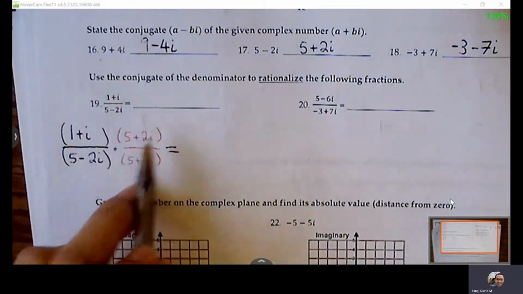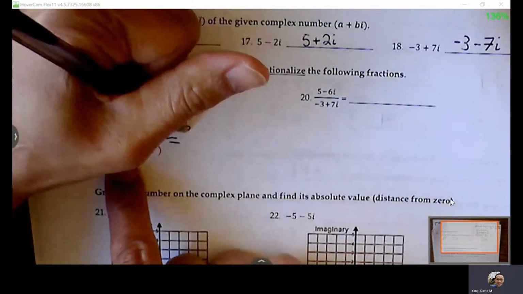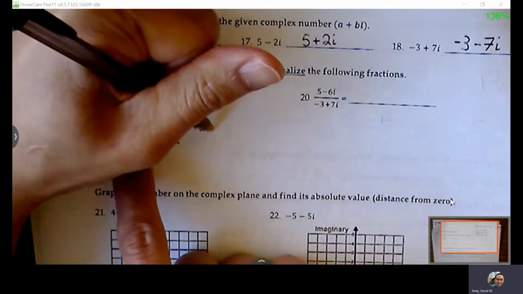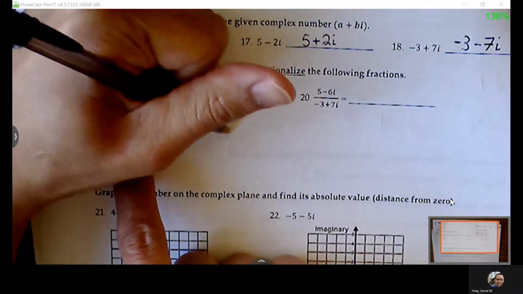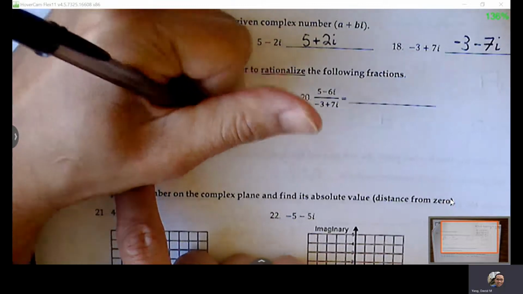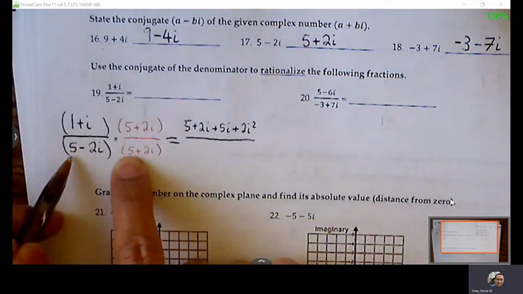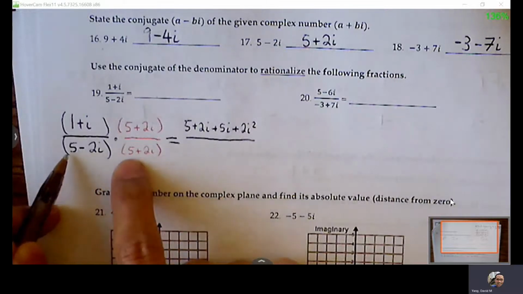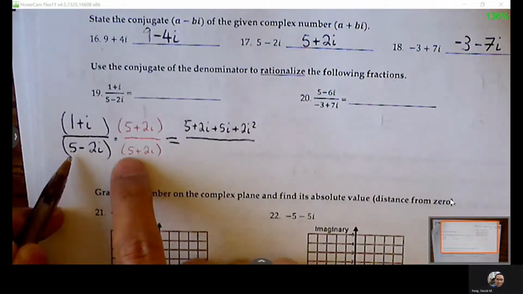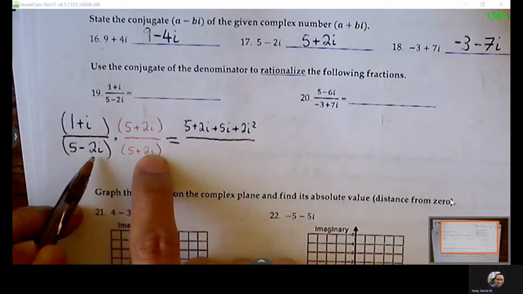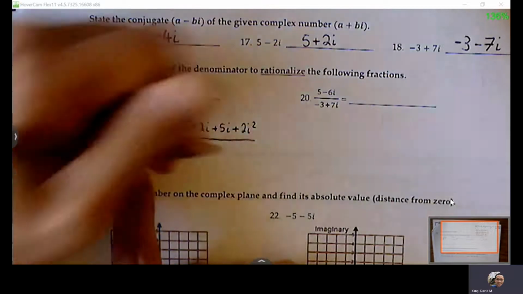Okay, so FOIL this out. And again, you can FOIL everything out, but once you get to conjugate pairs, that little shortcut is that you just know it's going to be the first term squared and the second term squared with a plus in between.